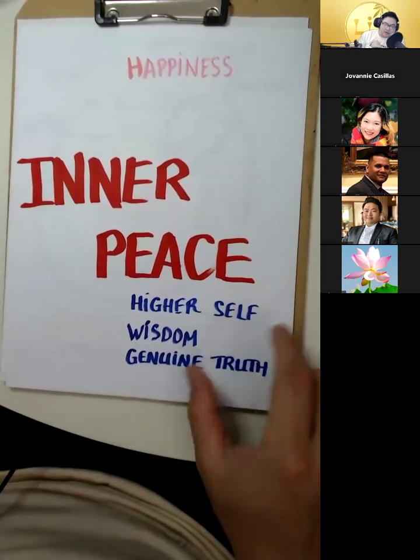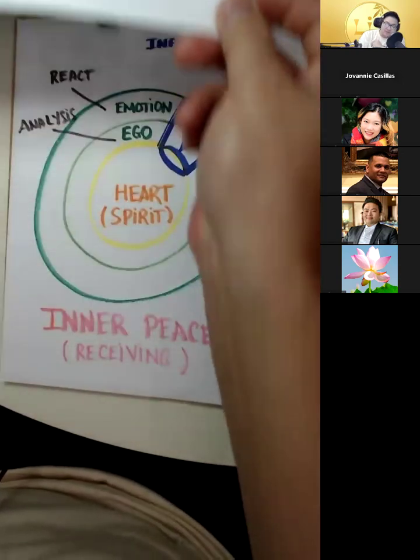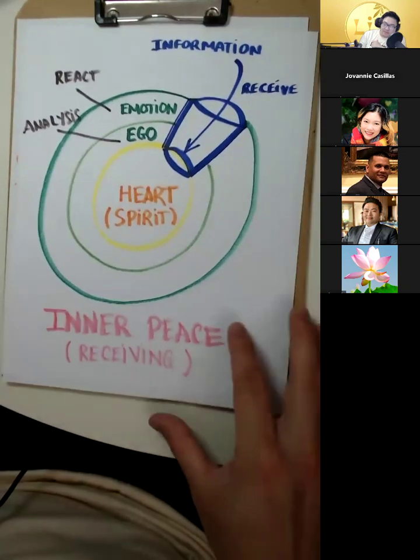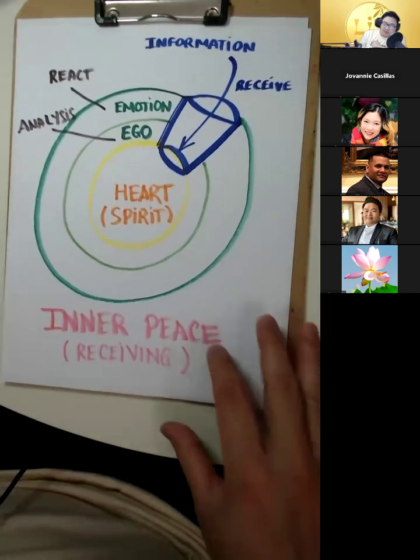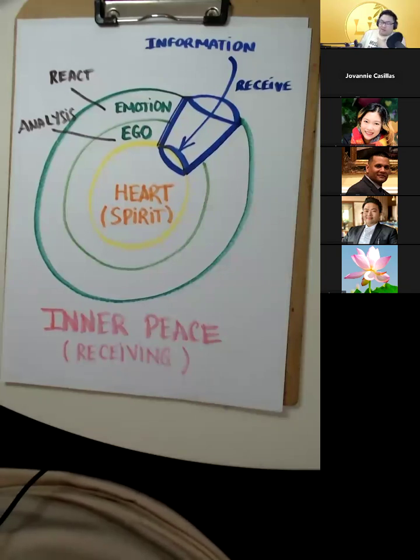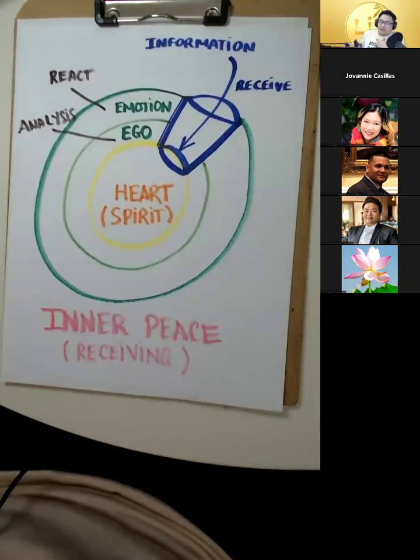The genuine self of that person is very, very old, and that person is very, very wise. The great thinkers tell us that we all have that within us. It's just a matter of whether we can connect to that or not.